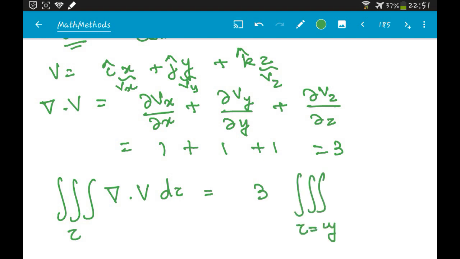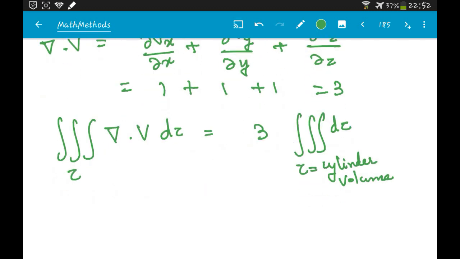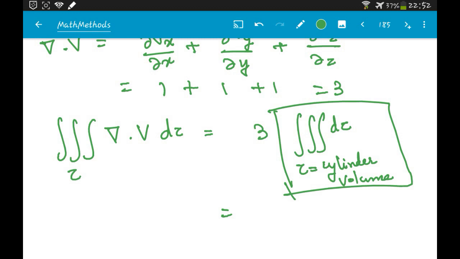Tau is what? This is a cylinder, so it is the integral over the cylinder volume d tau. So what is the cylinder volume? We know the volume of the cylinder, so this integral we need not do separately. We already know the complete volume of the cylinder.